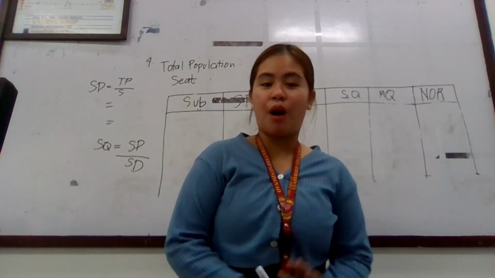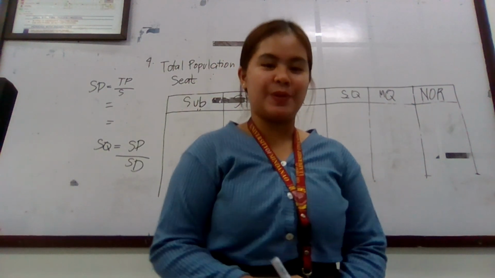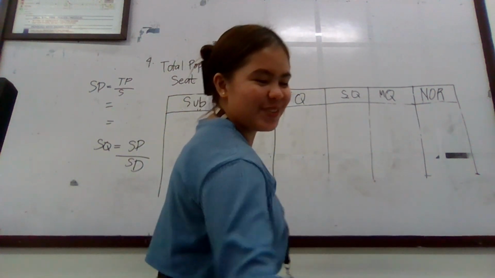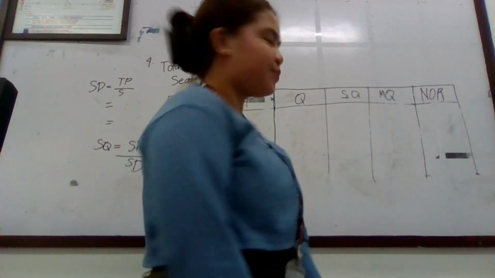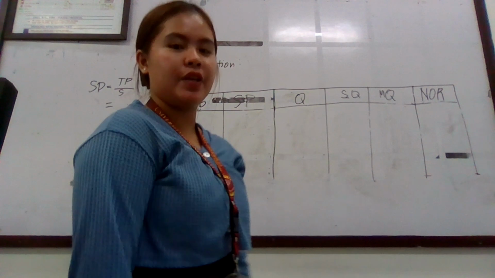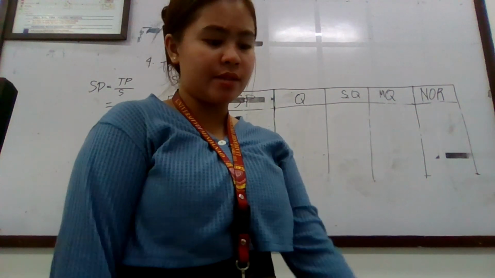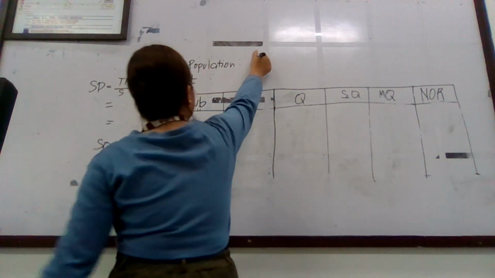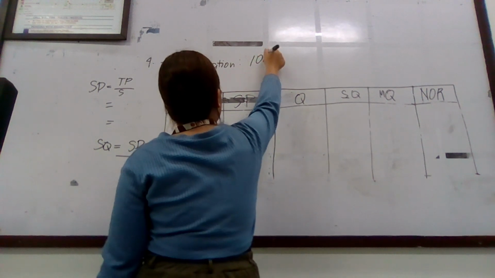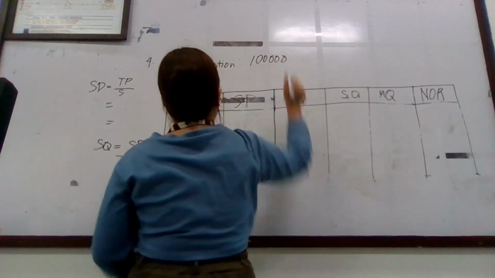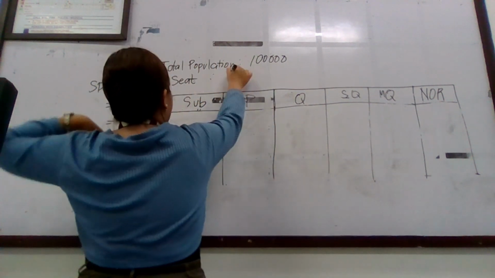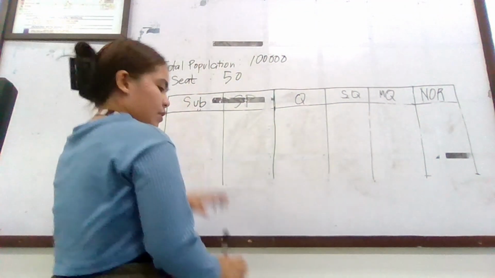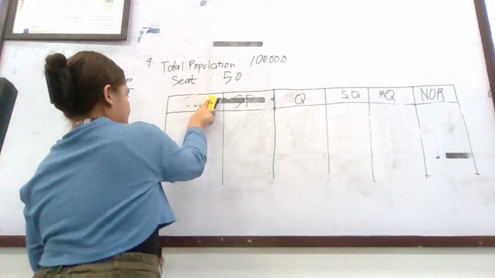So let us solve problem number 4. In this case, things are more complicated. So let us identify our given. Our total population in the city of Metropolis is 100,000 people. And the number of seats is 50. So these will be our districts.